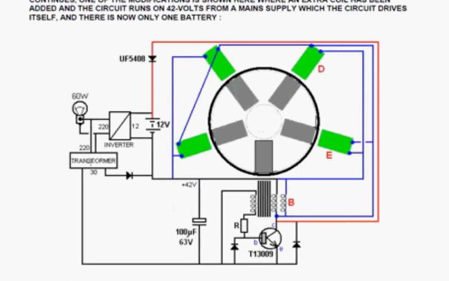He also powers a mains step-down transformer, known as a power supply unit. And that, with its diode and capacitor, produces 42 volts, which is used by the transistor to drive the entire system. And the 4 extra coils here take power out and feed it back into the input.